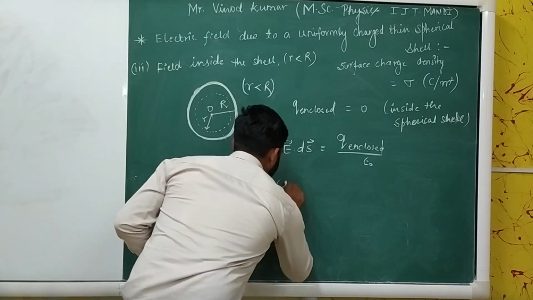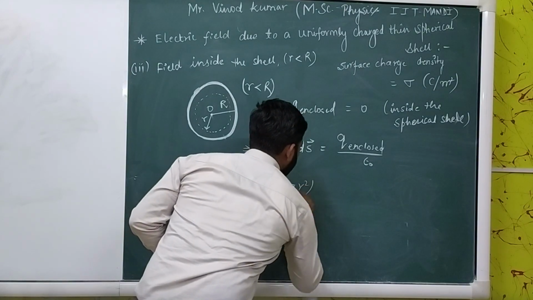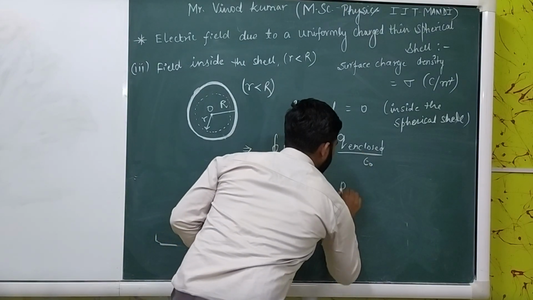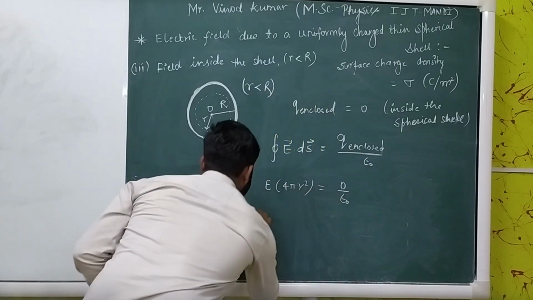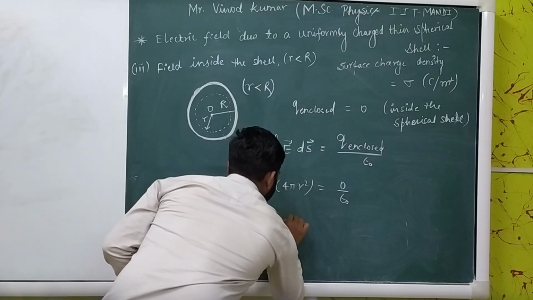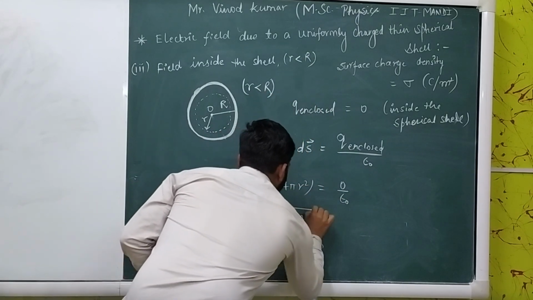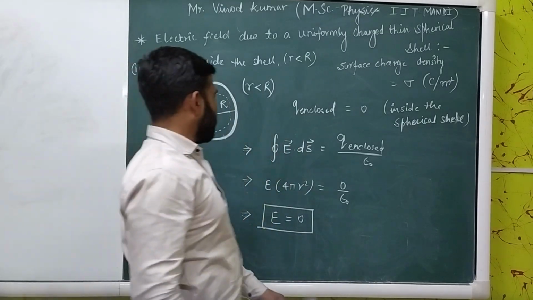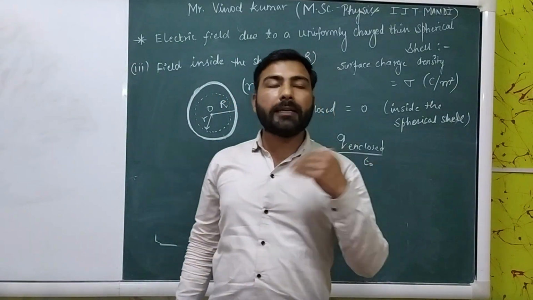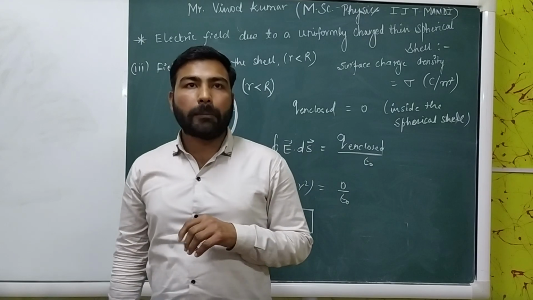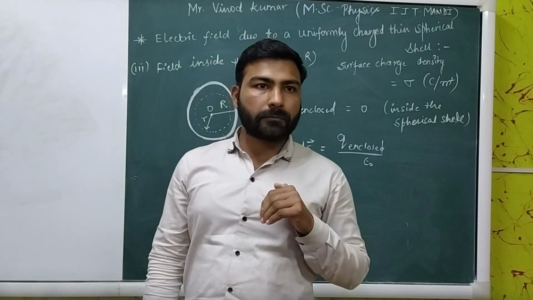So E into 4 pi r square equals q enclosed, which is 0, upon epsilon naught. That is why we can say that the electric field inside a uniformly charged spherical cell is 0.